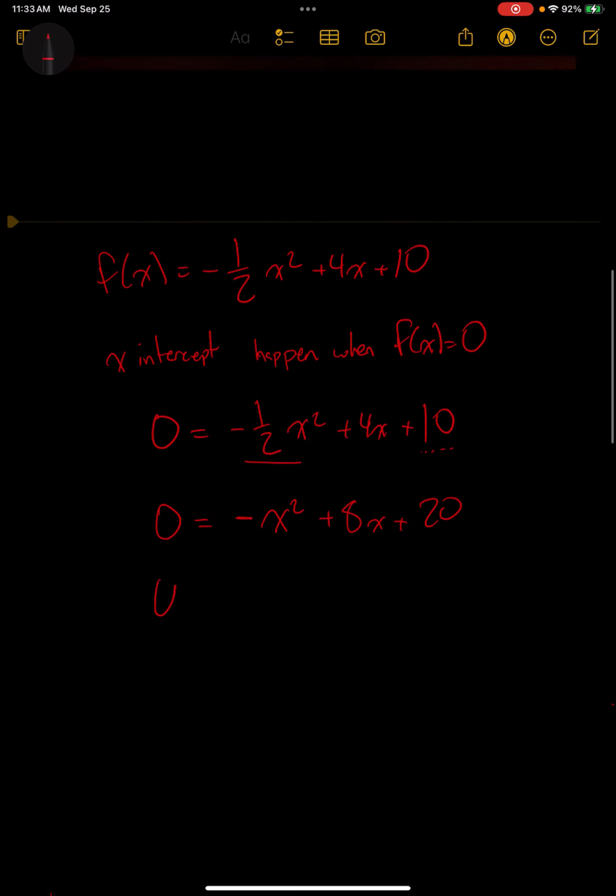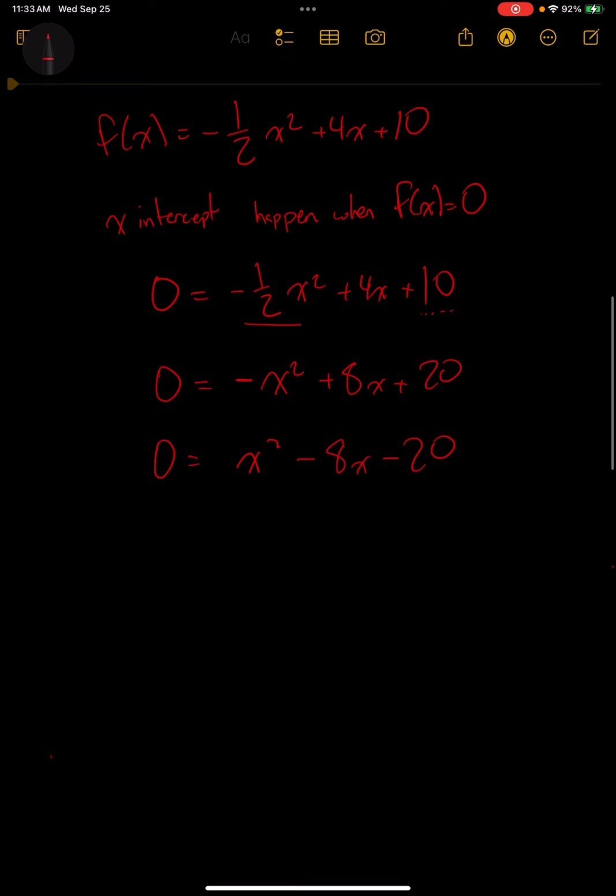And then the next thing I'm going to do, I'm going to get rid of this minus sign because I don't like working with it. I'm just going to switch the signs. I'm going to multiply this by minus 1 and multiply the other side by minus 1. Of course, when you multiply 0 by minus 1, you get 0. And I'm allowed to do that. Minus 20.